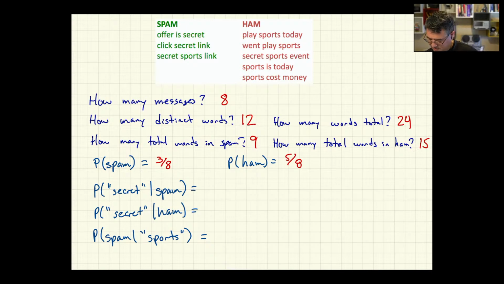Good. If we know the message is spam, we're only looking at the left-hand side, and 3 out of 9 words are the word secret. And if we know the message is ham, what's the probability that a given word is the word secret? 1 out of 15. Good.